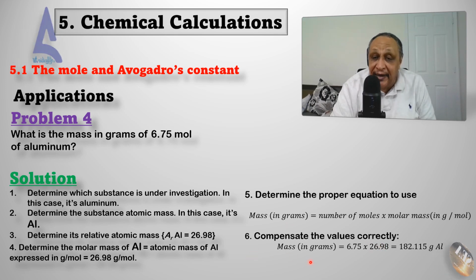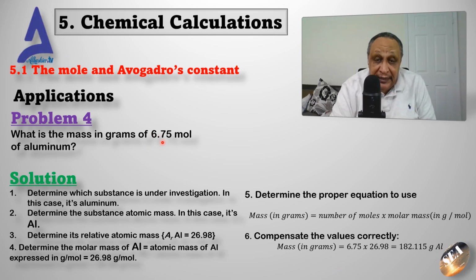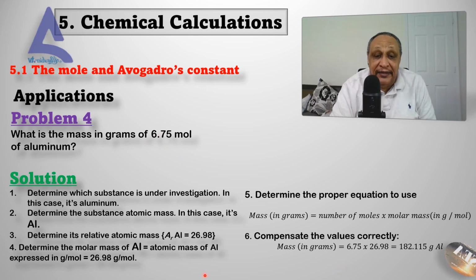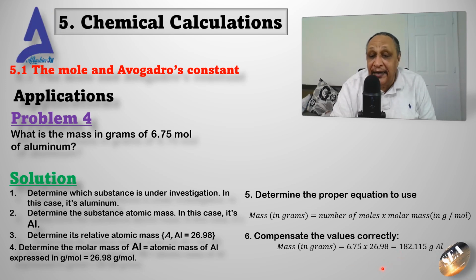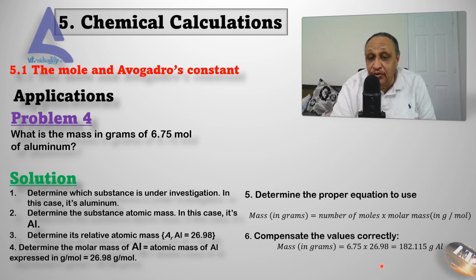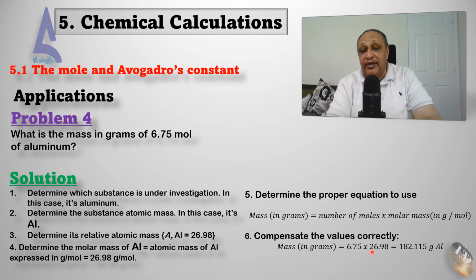So the mass in grams of aluminum equals 6.75, which is here the number of moles, multiplied by the atomic mass of aluminum, and this is equal to 182.115. We can make it 182.2 grams. I just put it like this so you understand what I meant by each one of these.